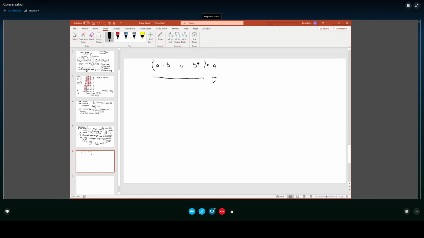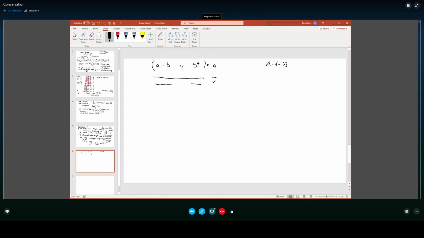Obviously, this is a letter in the alphabet. We're assuming the alphabet is A, B. And so this is a regular expression, but we still have to work with that.